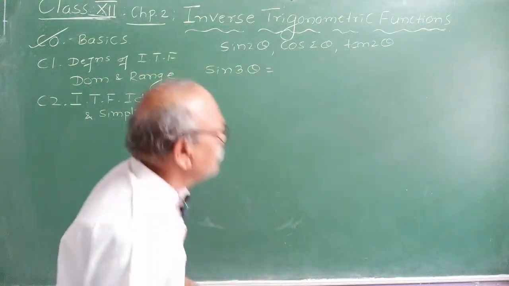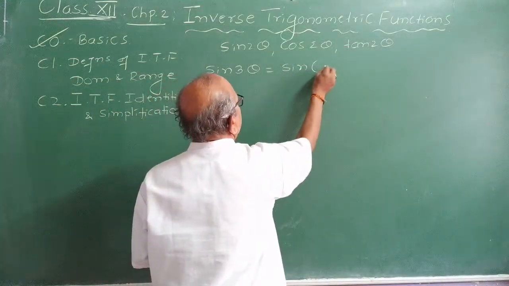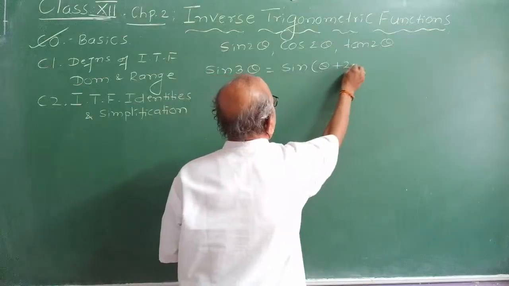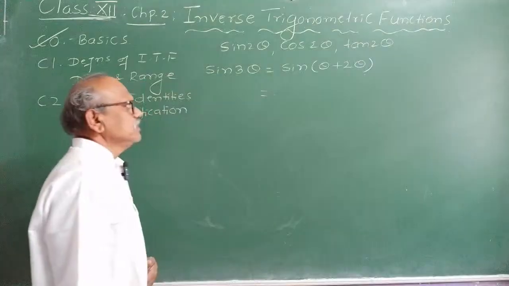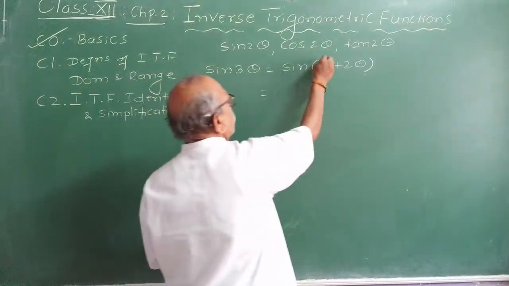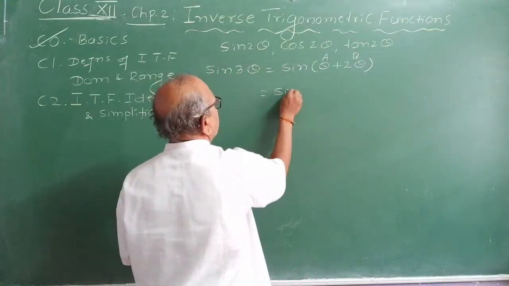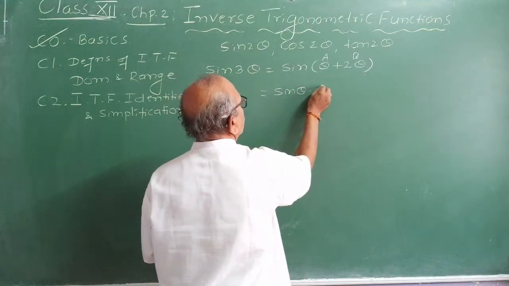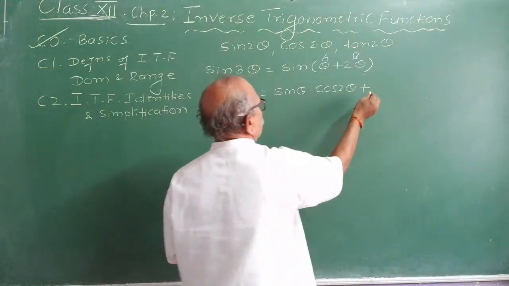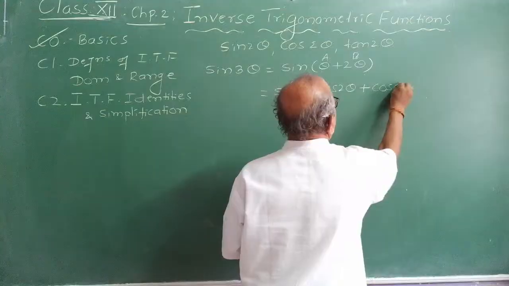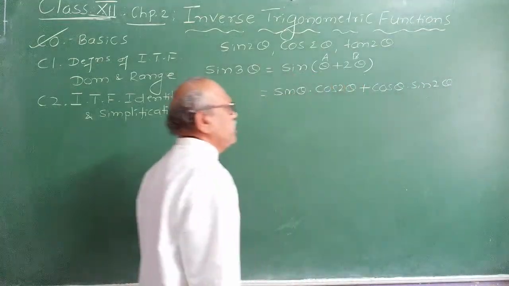Sine 3 theta. If you don't remember the formula, you can use sine of theta plus 2 theta. You can use the formula of sine A plus B. What is sine A plus B? You will get sine theta into cos 2 theta plus cos theta into sin 2 theta. Recall the application of the sin A plus B formula.